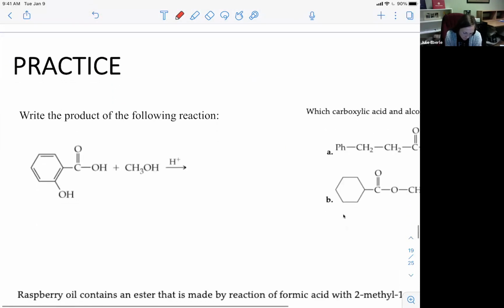So it should look something like this. We're going to break this bond right here, and we're going to break that bond right there between the O and the H on the alcohol. This is the alcohol. This is the carboxylic acid. So we should get this.